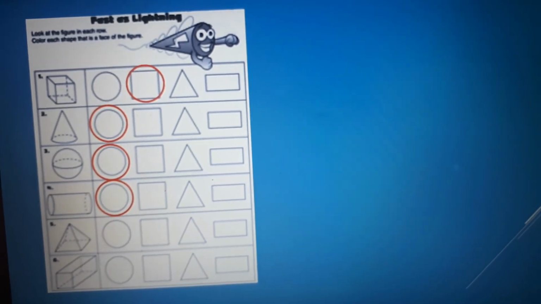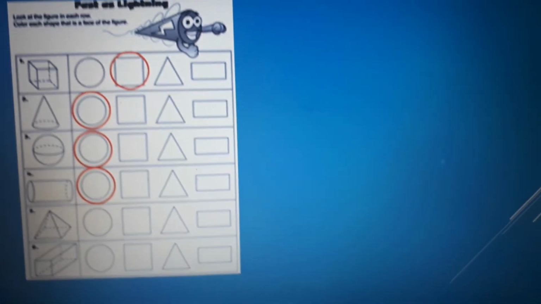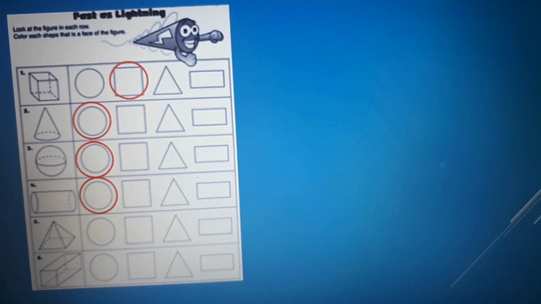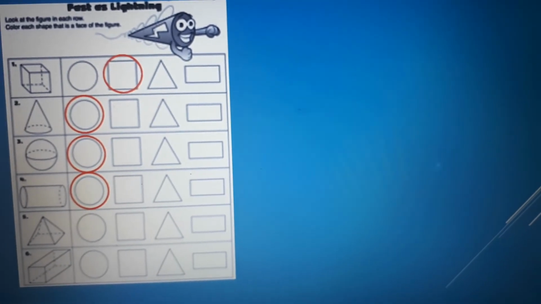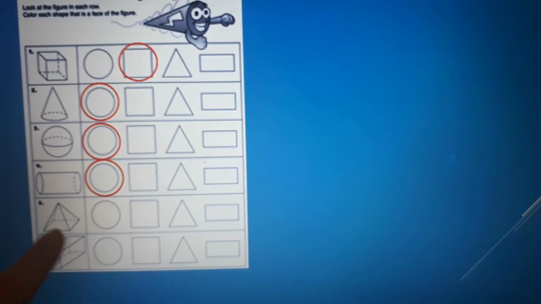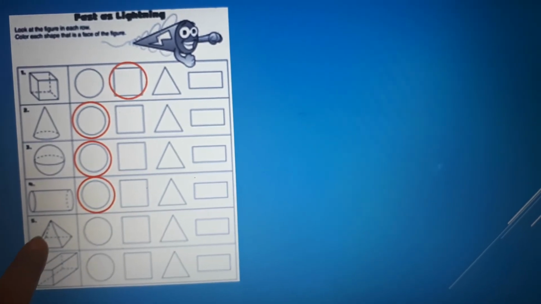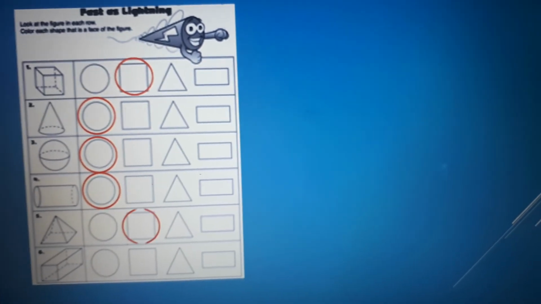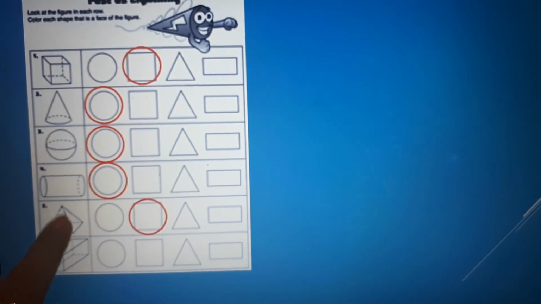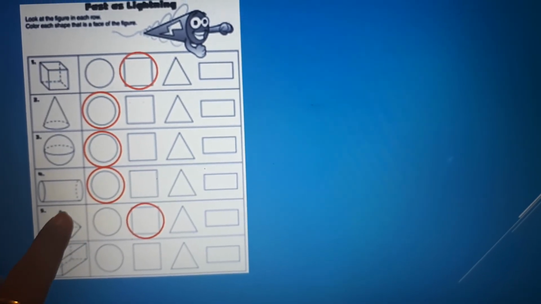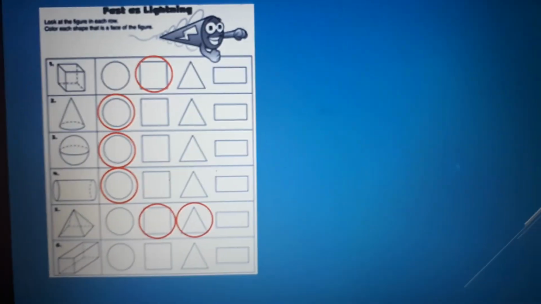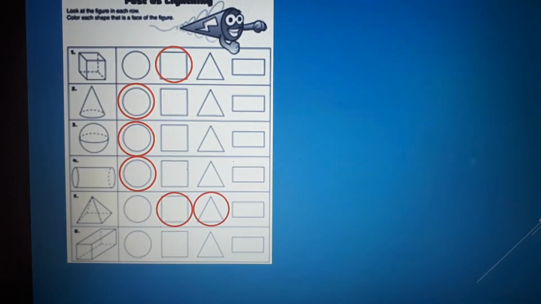Now the pyramid. The pyramid has two kinds of faces, especially the base, the square base. Look here, if you trace the base, you will find that it's a square. But if you trace this face, you'll find that it's a triangle. So the pyramid has two kinds of faces.